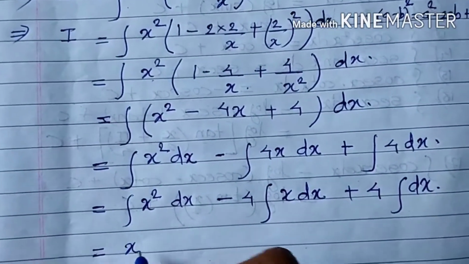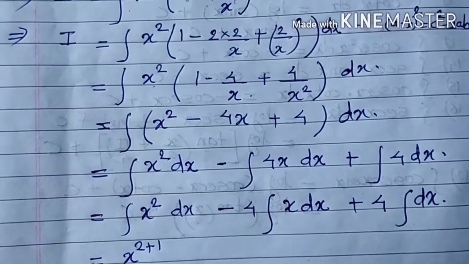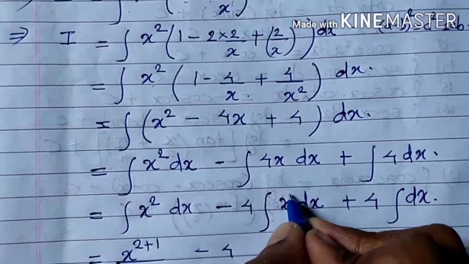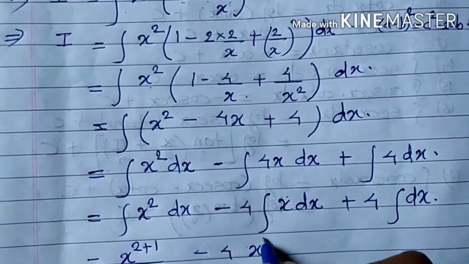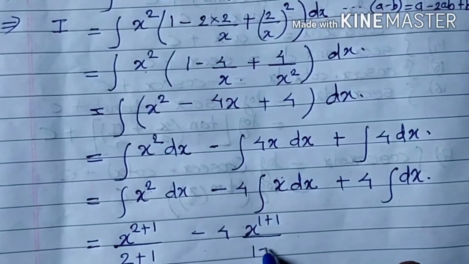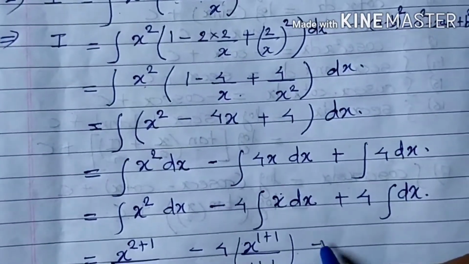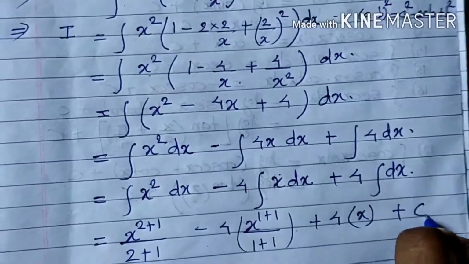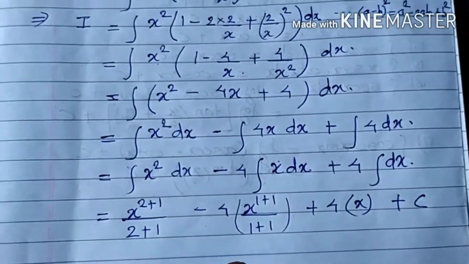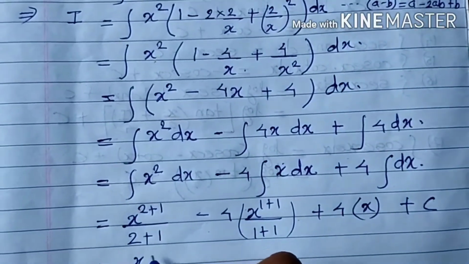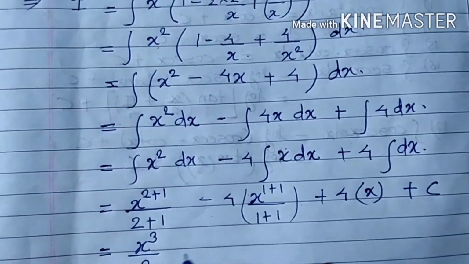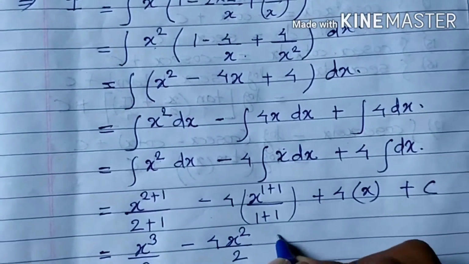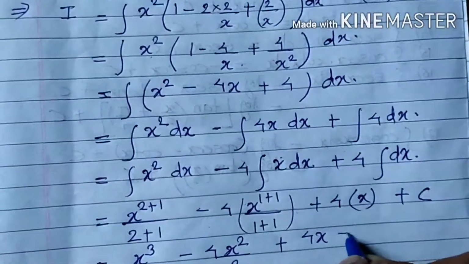For x squared, x raised to 2 plus 1 upon 2 plus 1, minus 4, here power is 1, so x raised to 1 plus 1 upon 1 plus 1, plus 4 into integration of dx, which is x, and here plus c. Now x raised to 3 upon 3 minus 4x squared upon 2 plus 4x plus c.